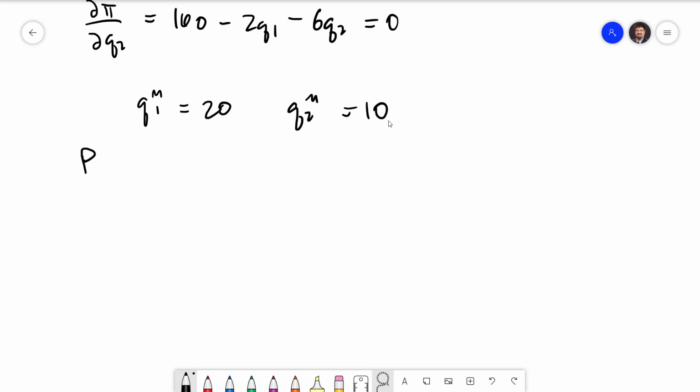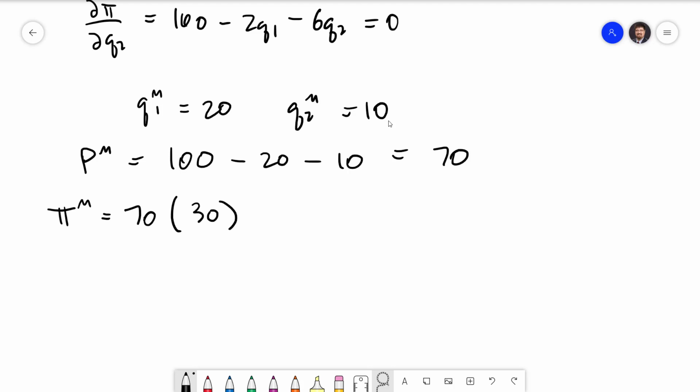To figure out the price, we're going to plug that into our inverse demand function, which was 100 minus Q. So we're going to take both of those Q's off there, which is going to give us 70. And to calculate the profit, we have a revenue of 70 times a total quantity of 30 minus our cost at each plant. At our first plant, we have Q1 squared, so 20 squared.